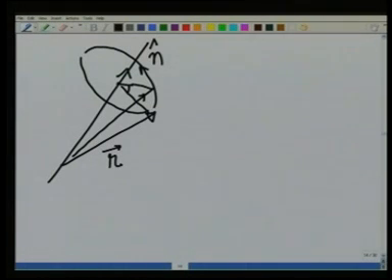It has rotated by an angle delta theta about the axis n. How much is this change?